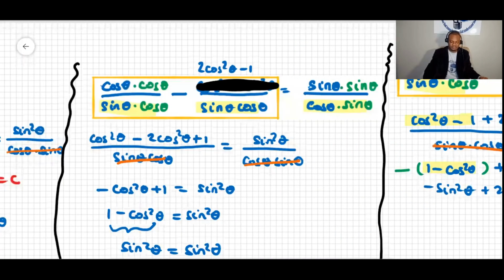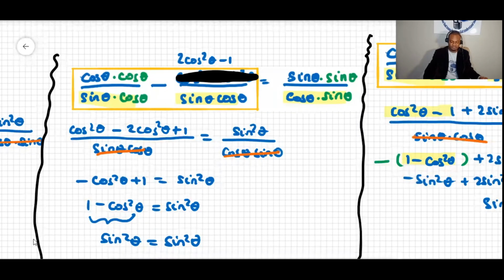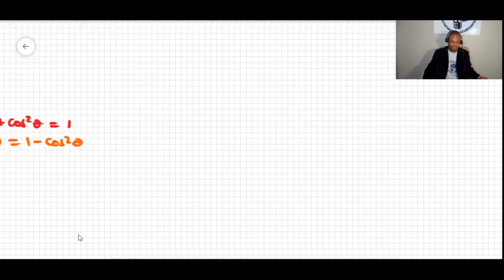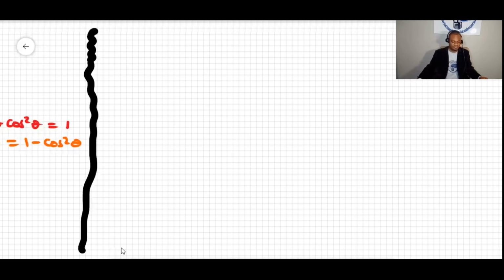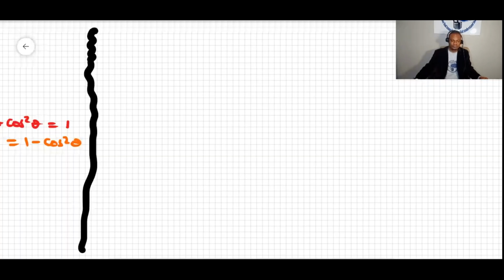All right, I'm right here, 5.4.2. So we want the value of theta for which the identity is undefined.